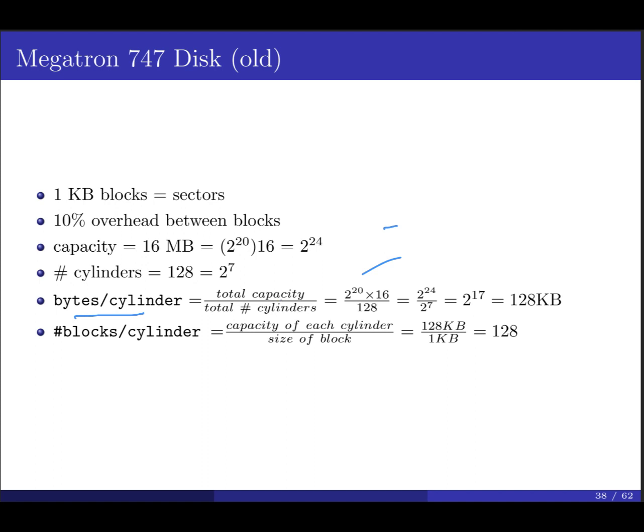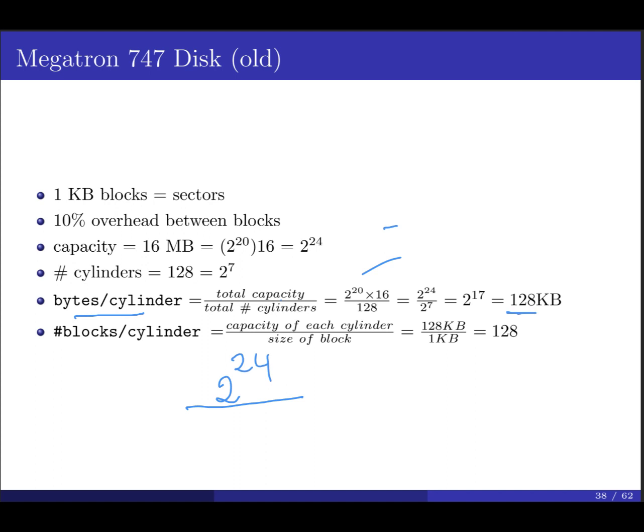The total capacity that we have in this case is 2 to the power 24, with the size given in the example, divided by how many cylinders you have. Since we have 128 cylinders, I know the total capacity of the disk, and dividing by the number of cylinders is going to give me the capacity of each cylinder.